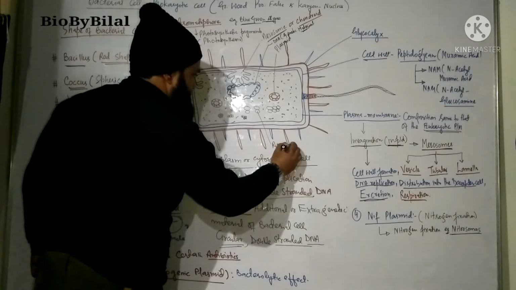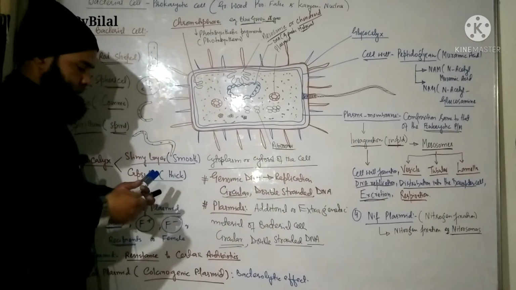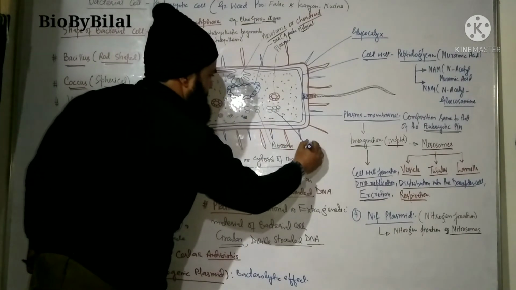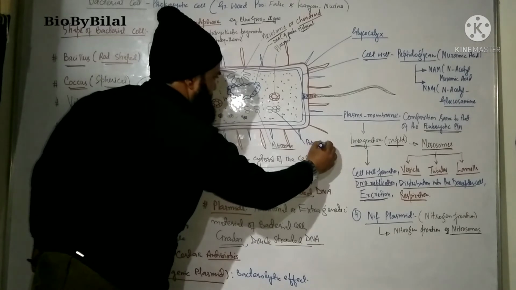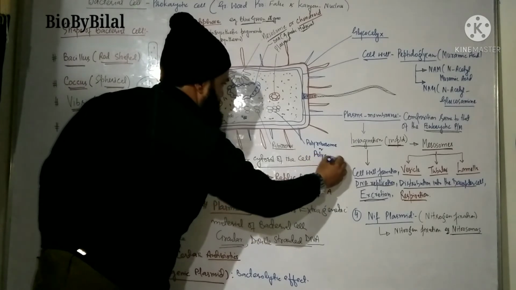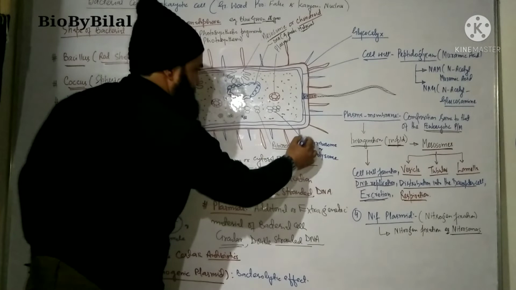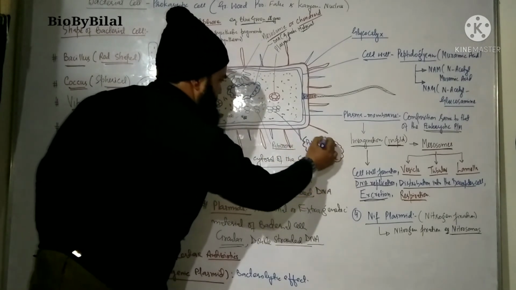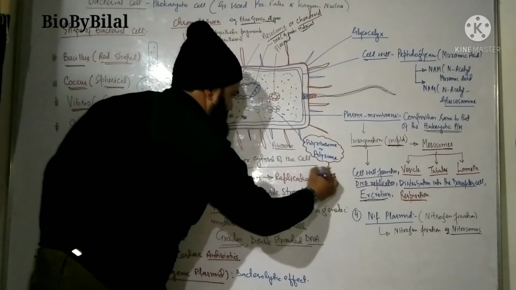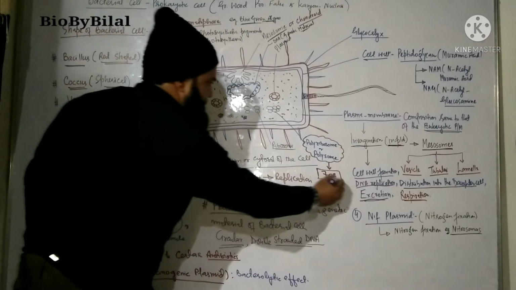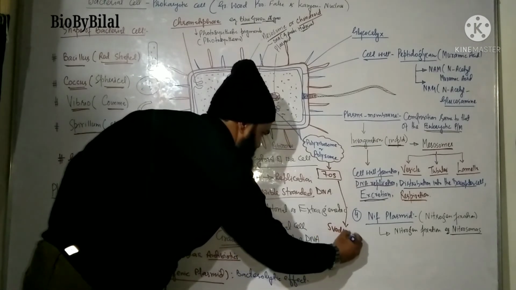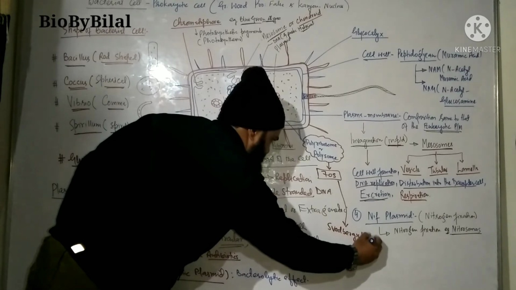These ribosomes are present separated from each other, as well as in aggregations, that is called the polyribosome or polysome. So remember, polysome or polyribosome means aggregation of the ribosomes, and the bacteria contain 70S type of ribosome, and S here means the Svedberg's unit. Keep remembering.